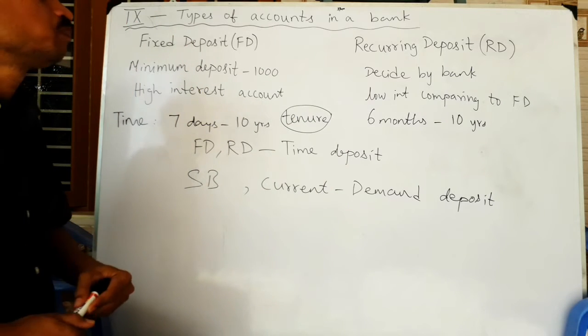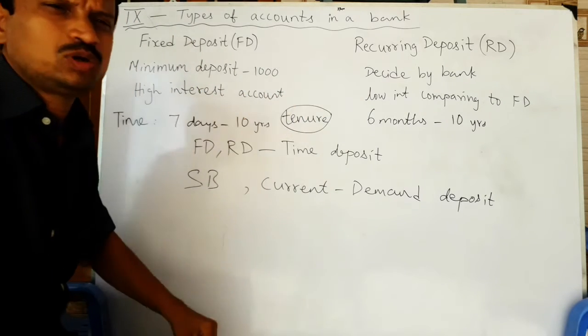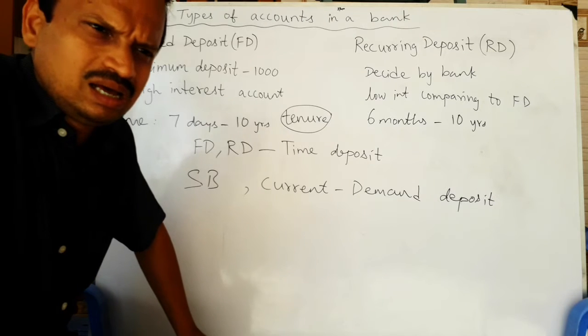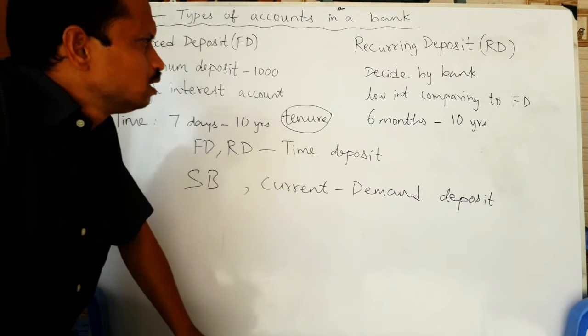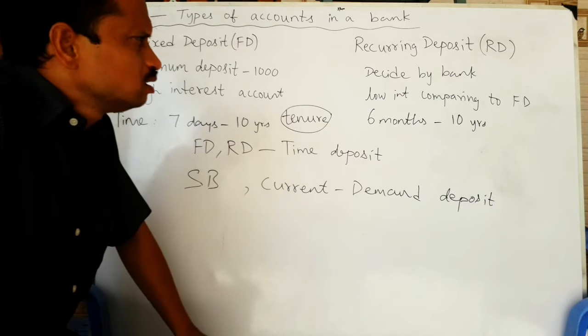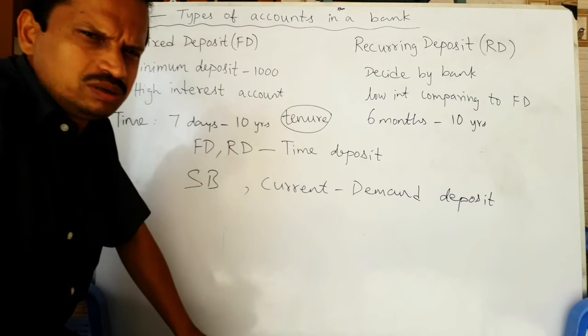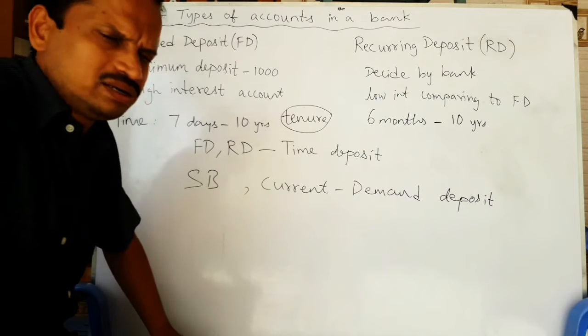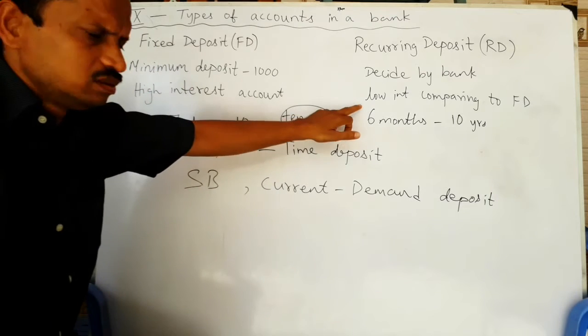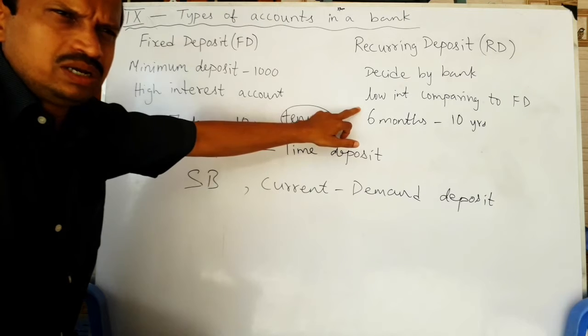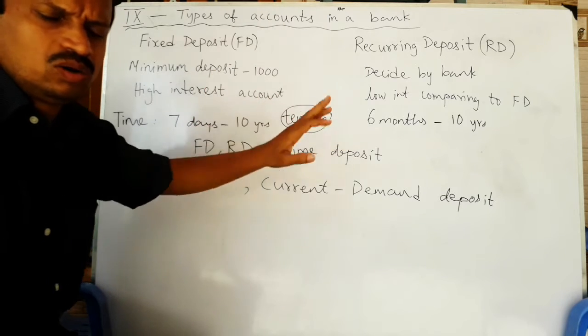Whereas in RD, the minimum deposit will be decided by the bank itself, depending on which bank we are depositing in. So as per that it will be different. The minimum deposit is decided by the bank only, and the interest is low compared to FD. We get interest, but compared to the fixed deposit, we get less.